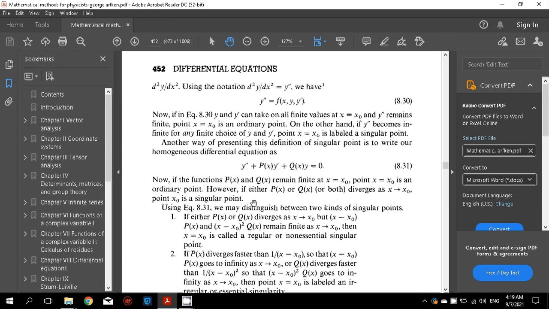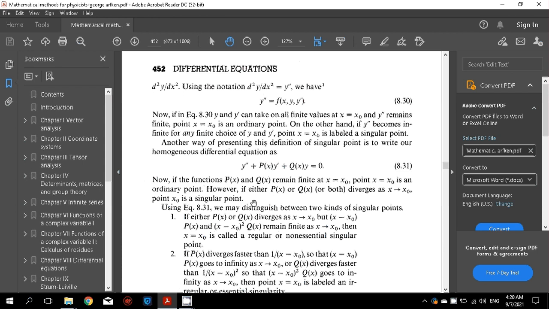And there are two types of singular points. If P(x) tends to infinity or Q(x) tends to infinity as x tends to x naught, but if you multiply P(x) with x minus x naught and Q(x) with x minus x naught squared and they become finite, then the point of expansion x equal to x naught is called a regular or non-essential singular point.